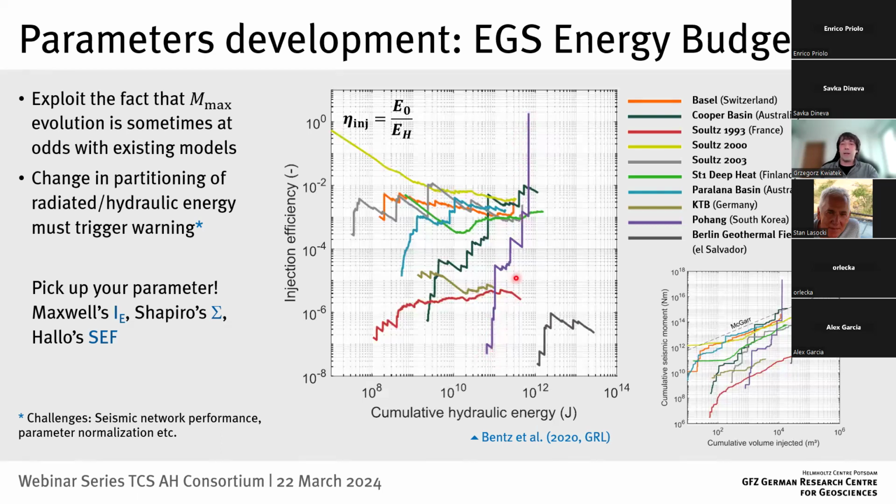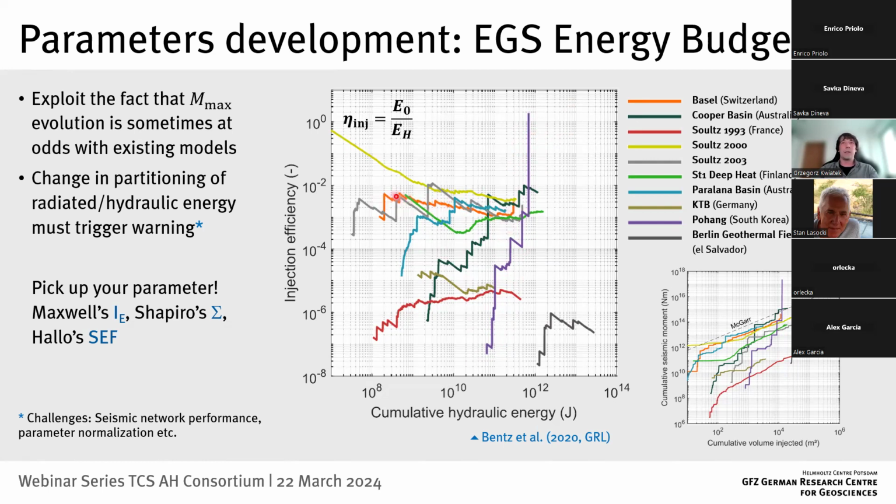That's actually a very dangerous situation because the seismic efficiency or seismic injection efficiency is increasing rapidly, even if you inject a lot of fluids. This is a much worse situation, whereas what we are expecting for a stable reservoir is a constant or maybe decreasing value.